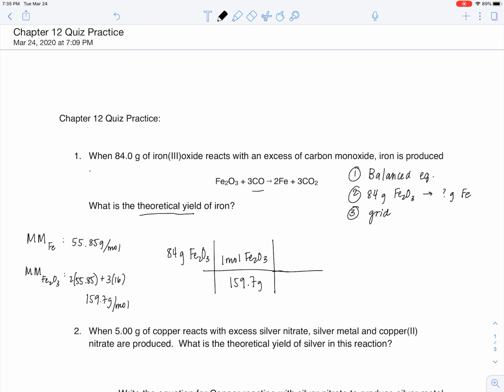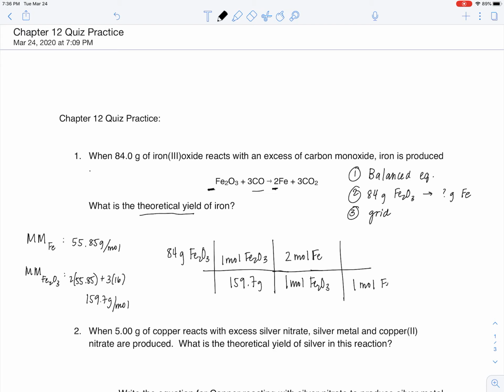The third part of our grid, we're going from moles of Fe2O3 to moles of Fe. So 2 moles of Fe over 1 mole of Fe2O3. And that comes from here. We have 2 moles here, and we have basically an invisible 1 in front of that Fe2O3.